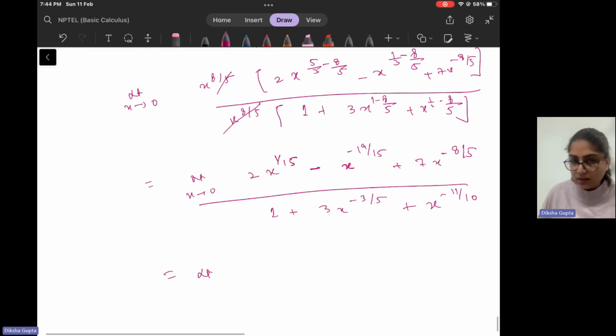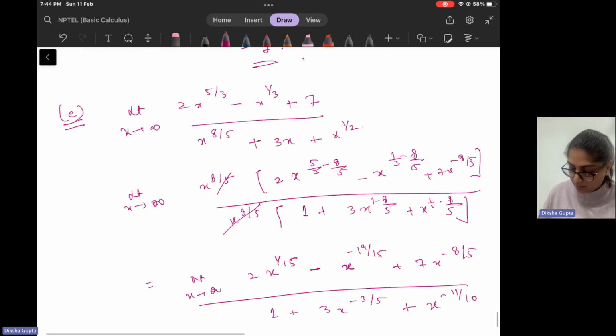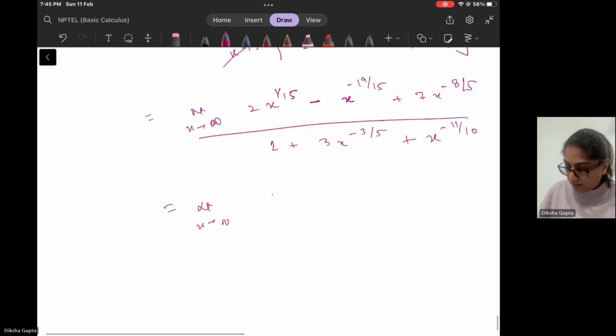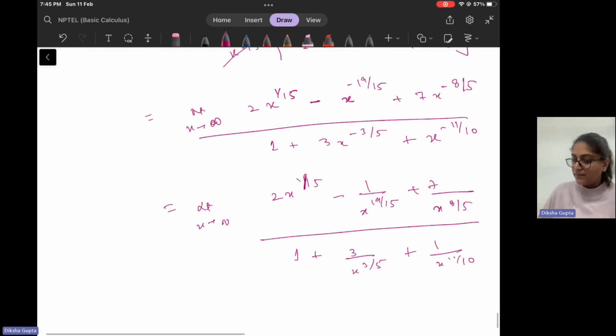So this is limit x tending to, I'm sorry, this is not 0, this is infinity. 2x to the 1 by 15 minus 1 by x to the 19 by 15 plus 7 upon x to the 8 by 5, over 1 plus 3 upon x to the 3 by 5 plus 1 upon x to the 11 by 10.